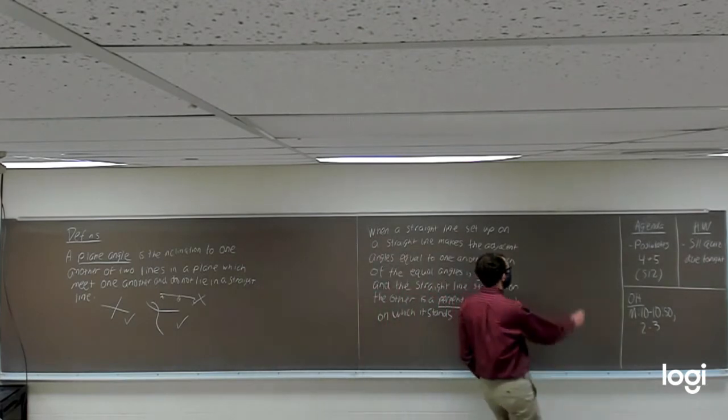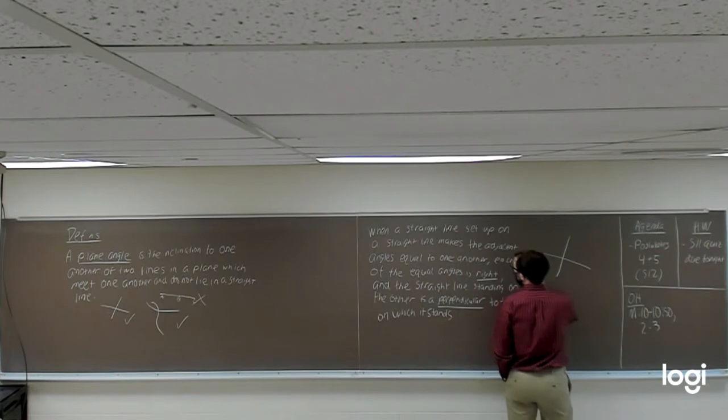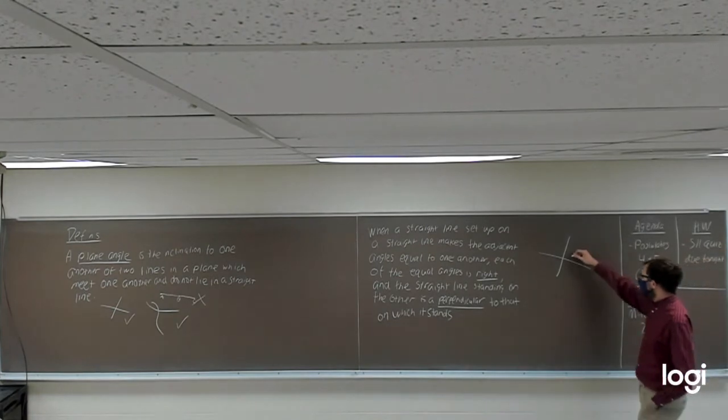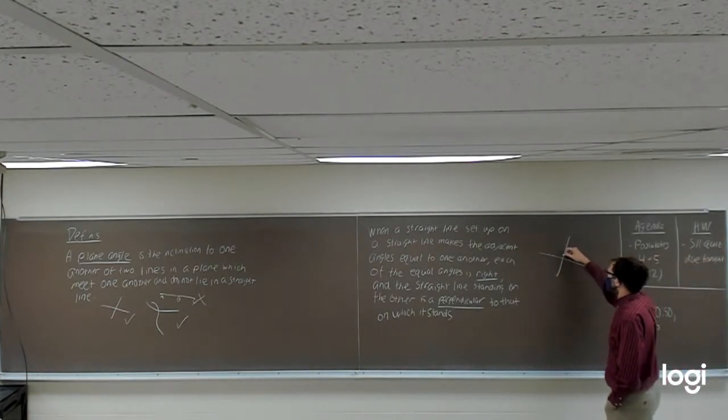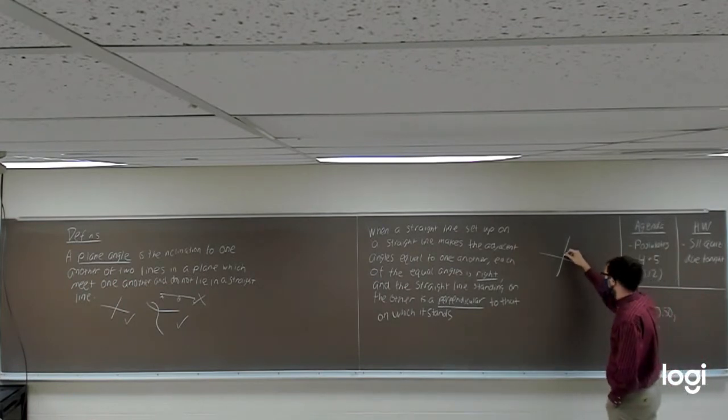He's saying that if we have two straight lines that make the adjacent angles equal to one another, so in this case, two angles that are on opposite sides of the same line, let's say this angle and this angle.